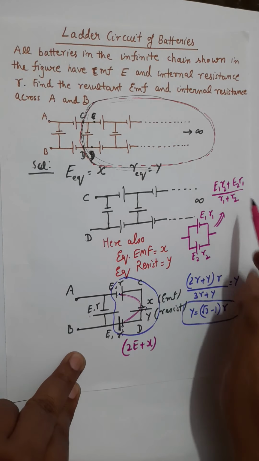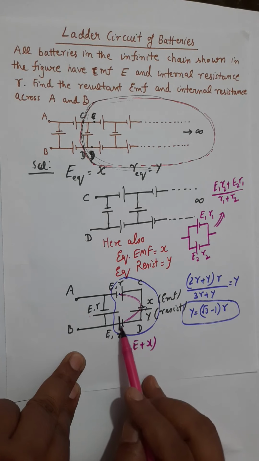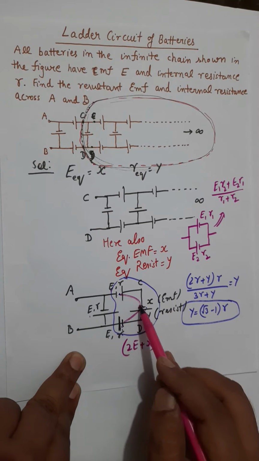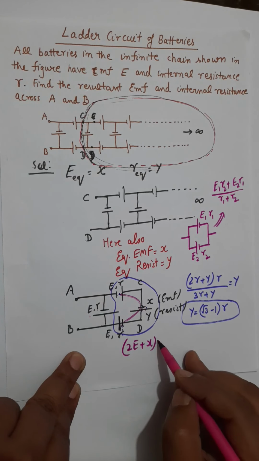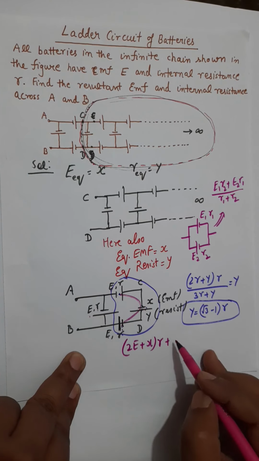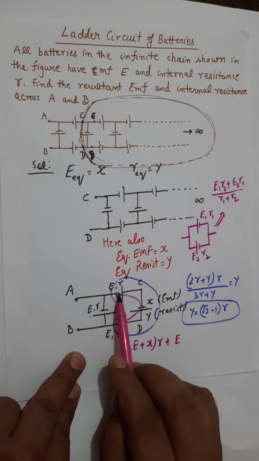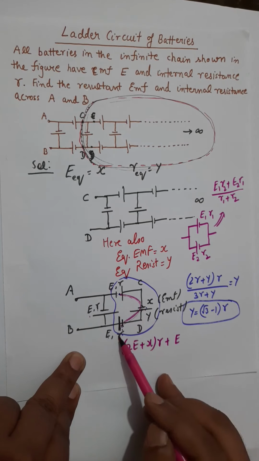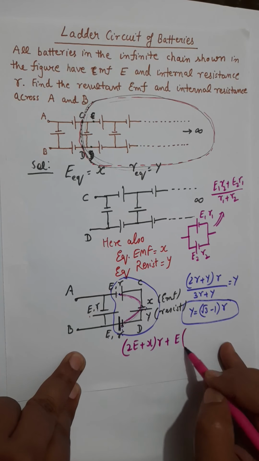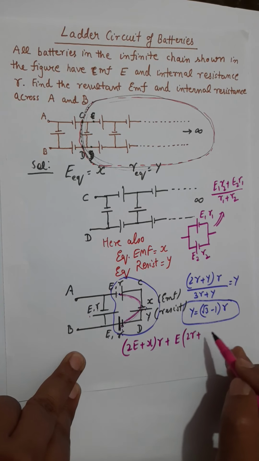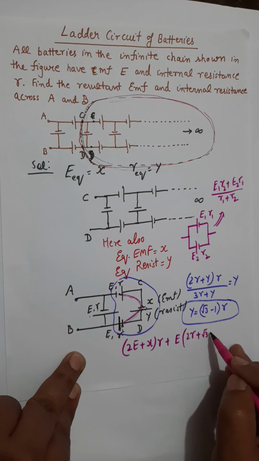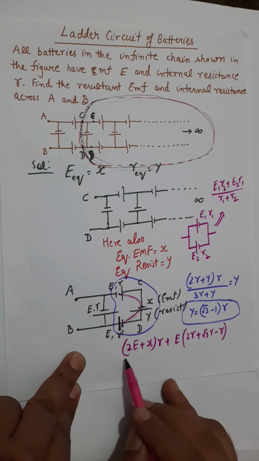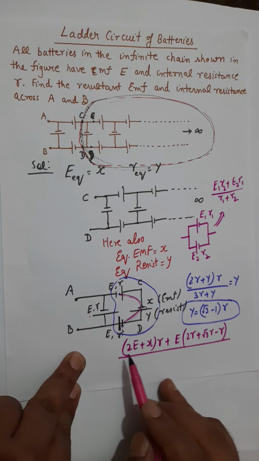So I will use this result now. 2E plus X, remember E1 is multiplied by R2, so 2E plus X will be multiplied by this R, plus this capital E will be multiplied by the resistance of this group, and the resistance of this group will be 2R plus this Y. So this is 2R plus Y, where Y is root 3R minus R. So that is E1 R2 plus E2 R1 divided by R1 plus R2.